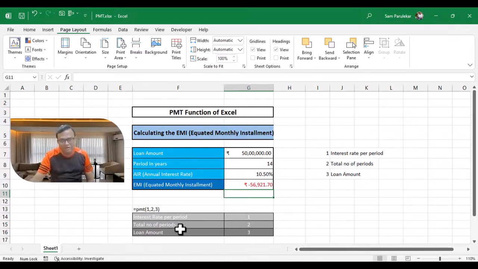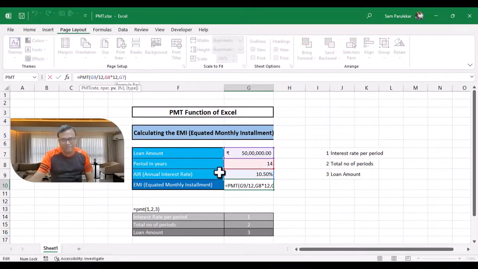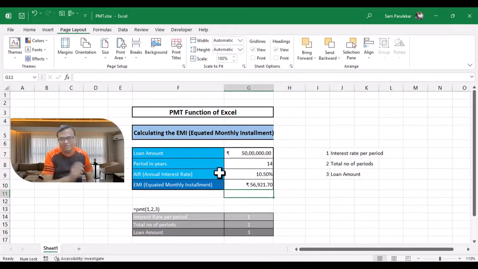So in order to avoid this figure being shown in red color, we precede the loan amount with a negative sign, and then it shows you in the proper format. So remember, PMT means payment, and it helps you in calculating the equated monthly installment, or the EMI.